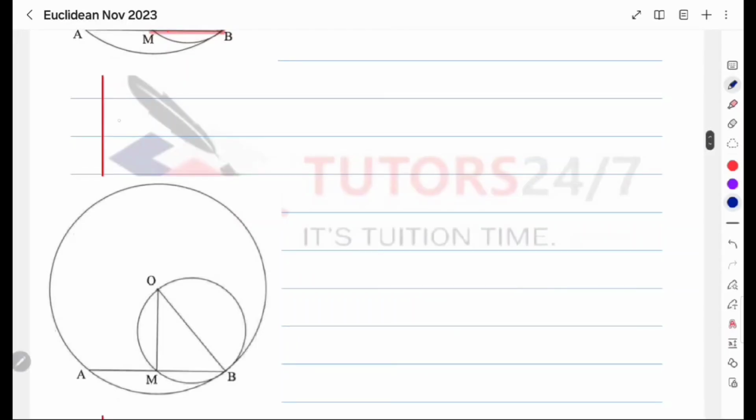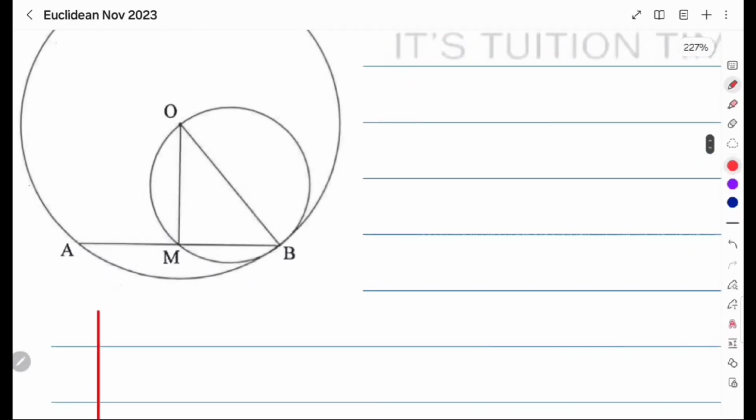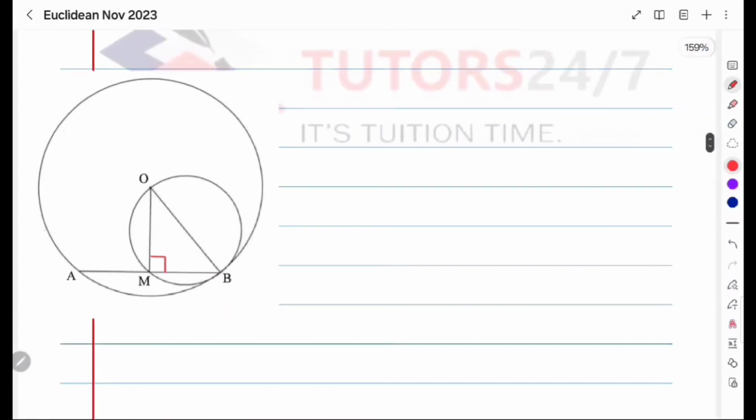So this is question 8.3.2. The information we are given is that AB is equal to 10 the root of 3. OM is equal to 5. Another important thing that is known is that this angle is 90 degrees, and that was proven in the previous question.